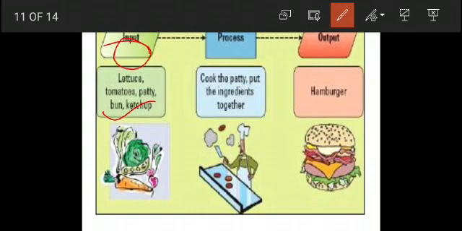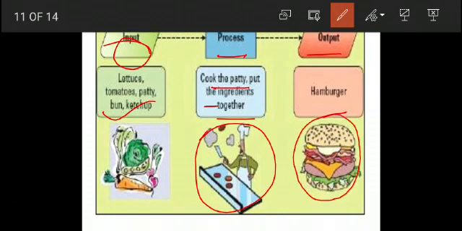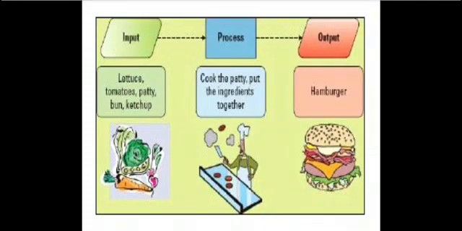And when we cook the patty, put the ingredients together, so see here, he is cooking it. This comes under process. Processing is going on. And after that we get the result. We get a delicious hamburger. This is the output. So again, IPO cycle is involved in this process to make a hamburger also.